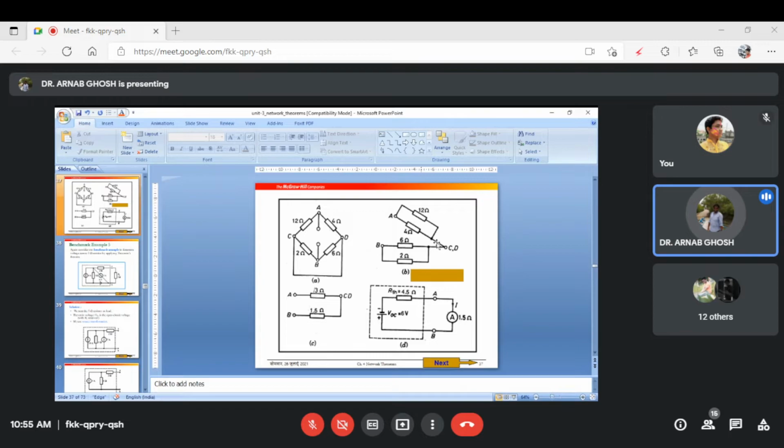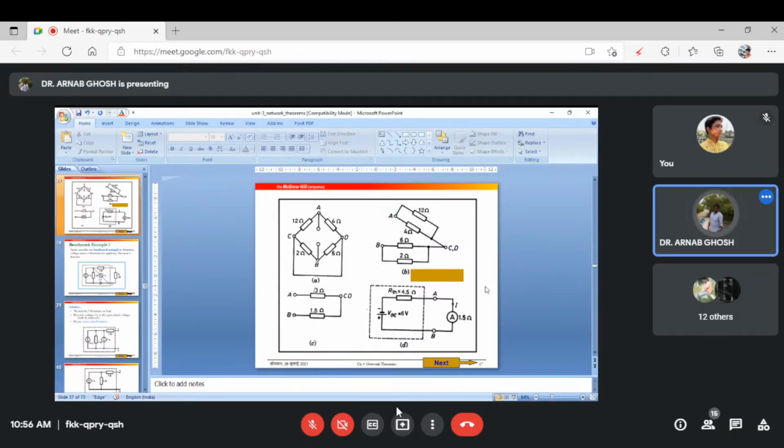Similarly, you can calculate the resistances. So if you are calculating this, this 12 ohm and 4 ohm will be parallel to one another, this A to CD part, and similarly B to CD parts 2 ohm and 6 ohm will be parallel to one another. So you are getting this as 3 and 1.5. So you are summing this up, so you are getting the total Thevenin's resistance as 4.5 ohm.